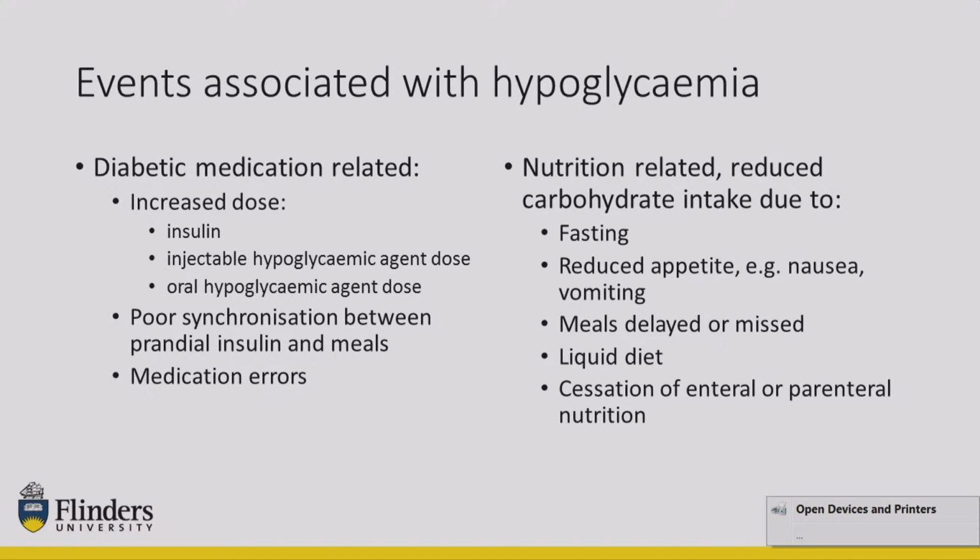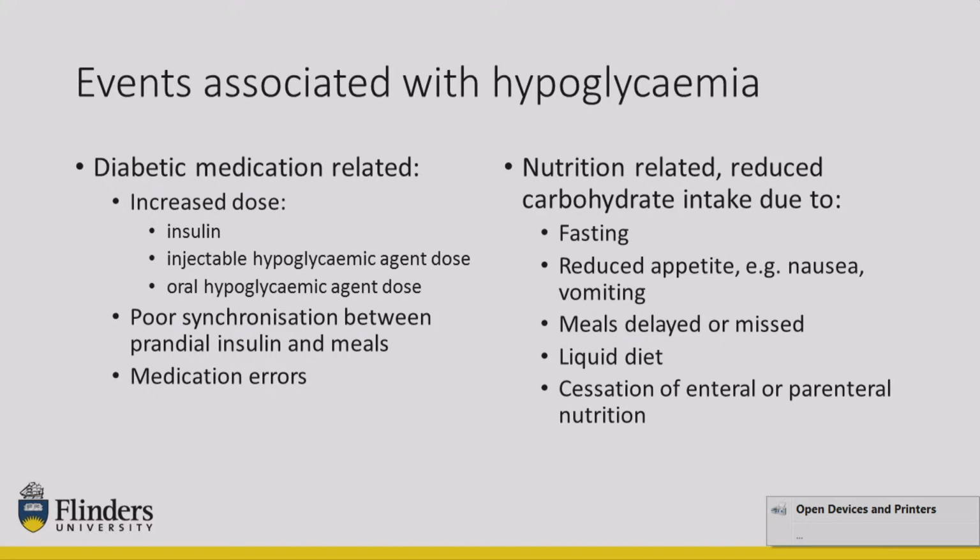There may be poor synchronization between treatment and meal times, which can lead to hypoglycemic events, or there may be medication errors. So a range of potential medication-related events associated with hypoglycemia.